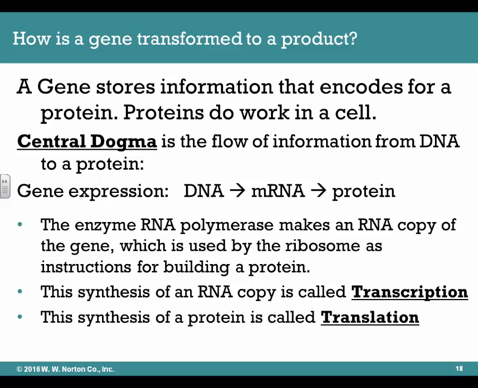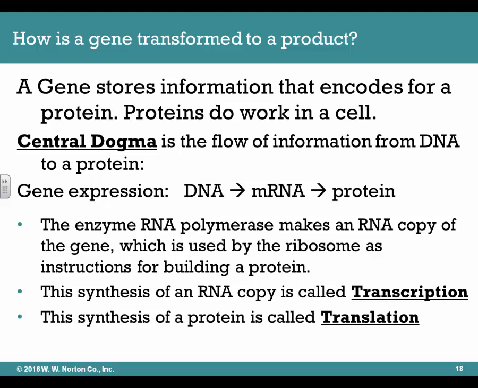All right, so that's mutations, and I focused more on what happens at the gene level in that case. But really we have to understand what happens to that information that's changed at the genetic level when it's expressed.